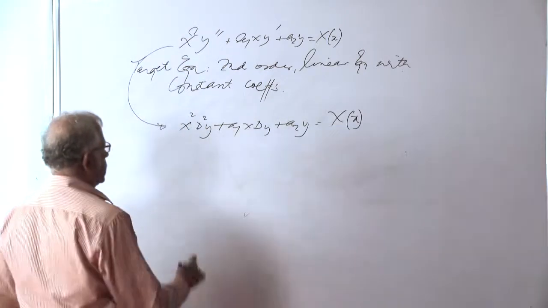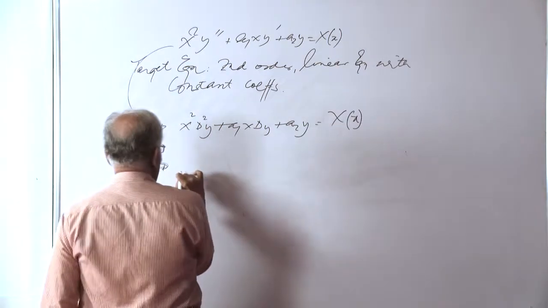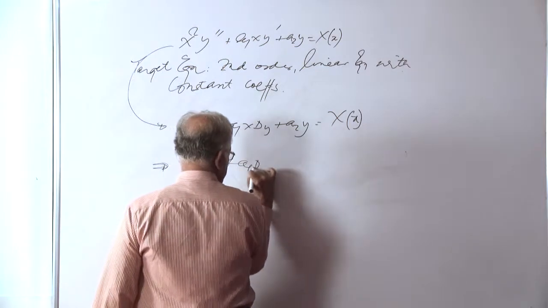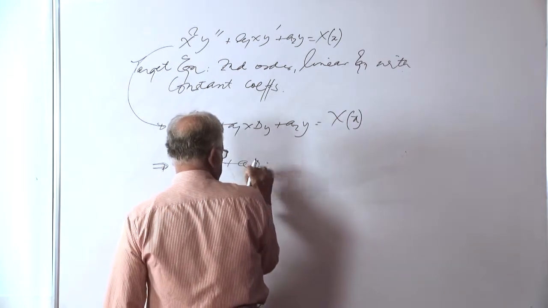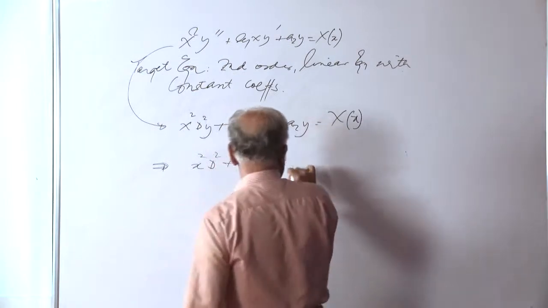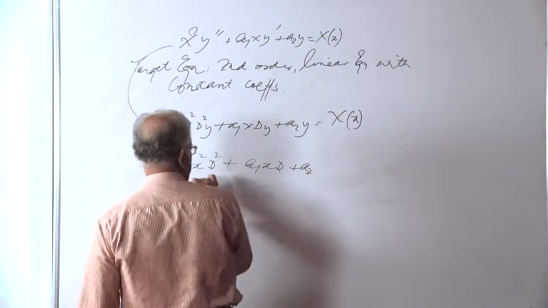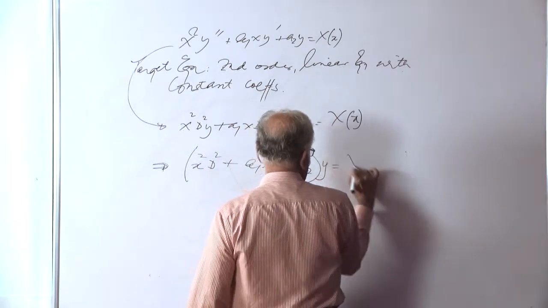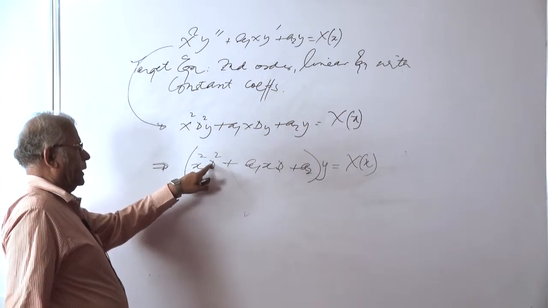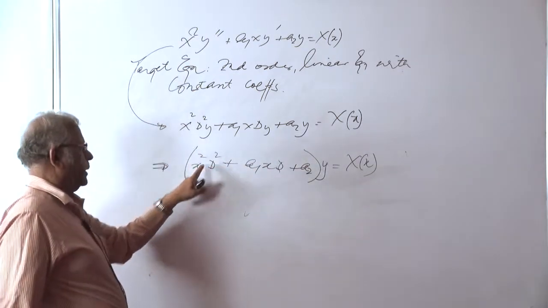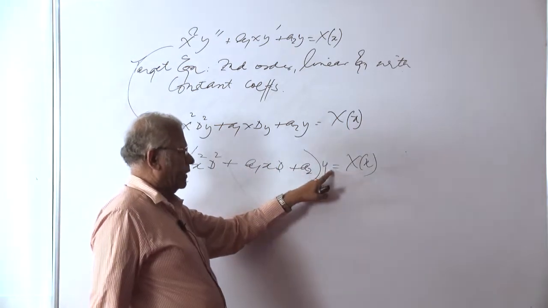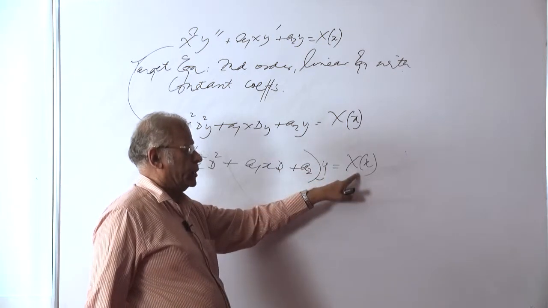In other words, this can be condensed to x square D square plus a1 x D plus a2 applied on y is a function of x, where x square D2 operated on y means x square times the second derivative of y, plus a1 times x into the first derivative of y, plus a2 simply multiplied by y, is equal to a function of x.